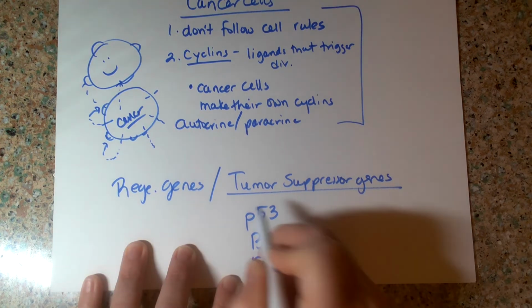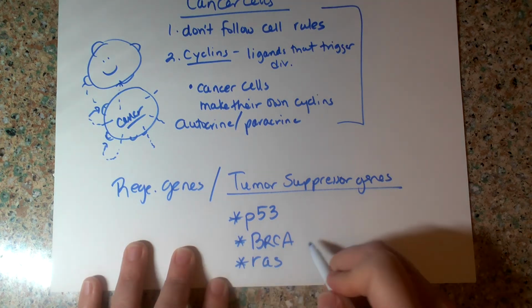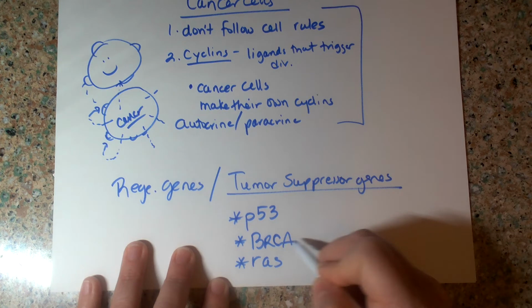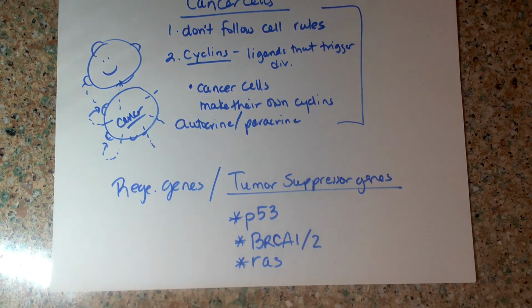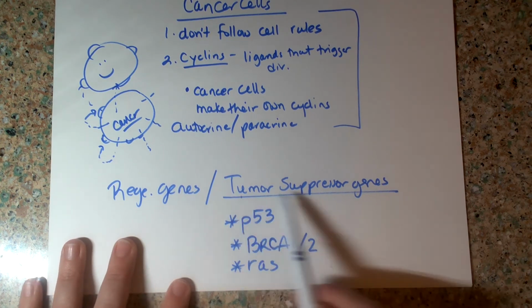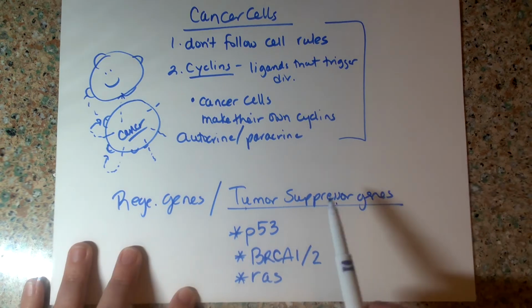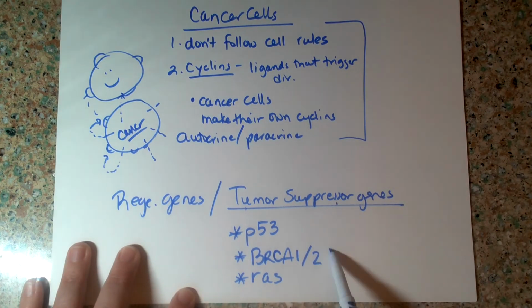Okay, so these three you need to know. There's a BRCA1 and there's a BRCA2. These genes are in your DNA, and they do what it sounds like: tumor suppressor. When your body recognizes that a cell has become cancerous, they turn these genes on.